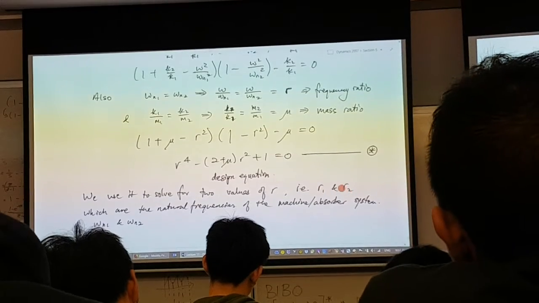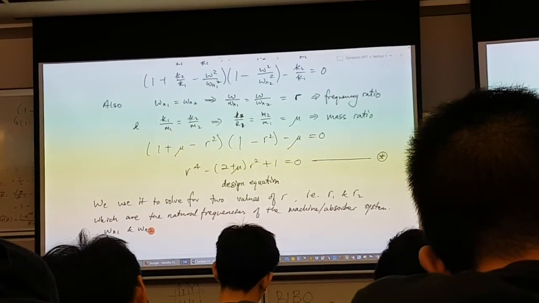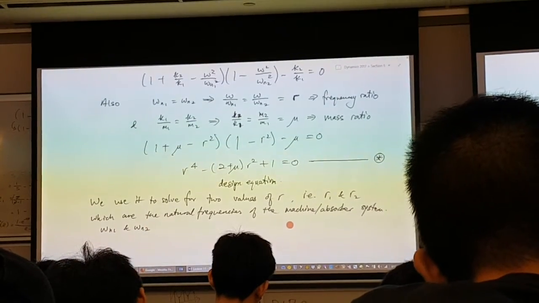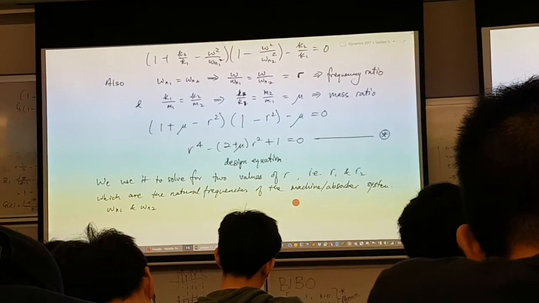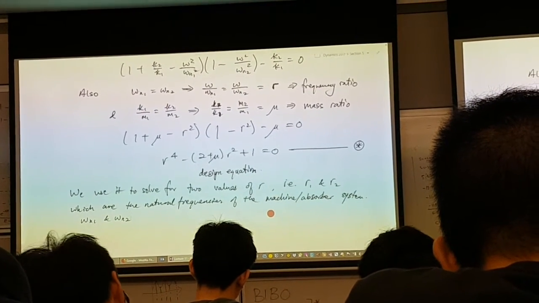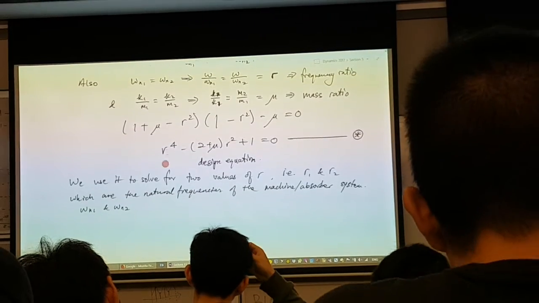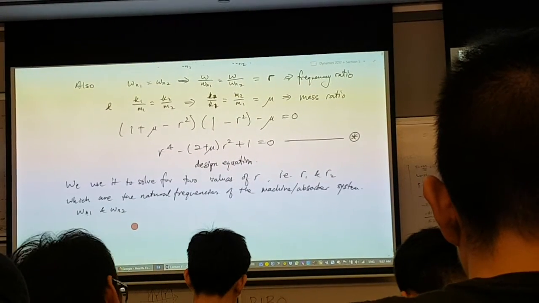So R1 and R2 represent the natural frequencies of omega n1 and omega n2. So this is important to us. Now I want to break up a little bit to do a sketch.